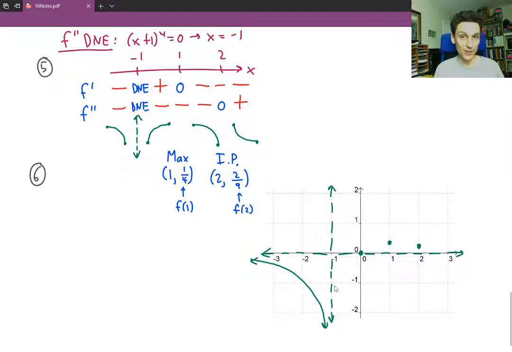Let's look at what happens on the other side of the vertical asymptote. So from -1 to 1, it looks like the graph is increasing and concave down. Now, right on the other side of -1, we're going to be close to that vertical asymptote. So we're going to start down very low here, and then come up, go through this point at 0, 0, and then head into this 1, 1/4 point, which is where we have the max.